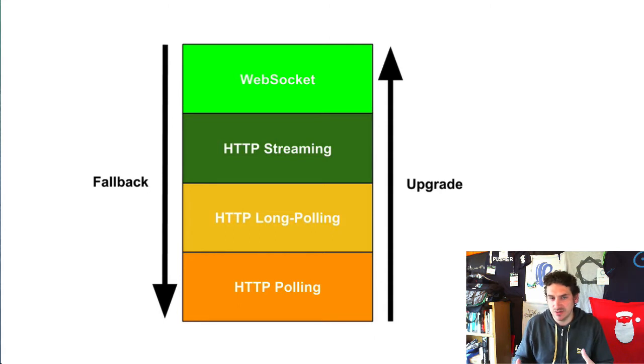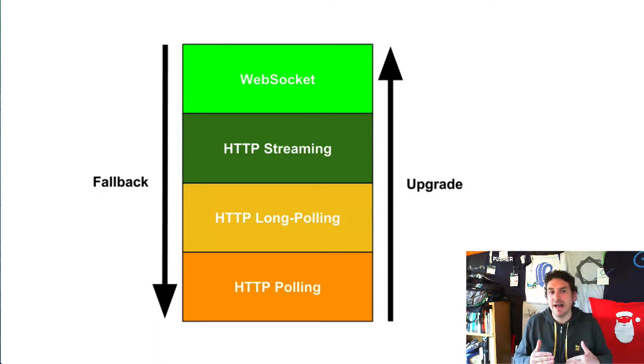Things like proxies get in the way or firewalls. So you need a solution that will try and make a WebSocket connection and will fall back through HTTP streaming, which is a persistent HTTP connection, HTTP long polling, which is opening and closing HTTP connections at long intervals, and standard HTTP polling.